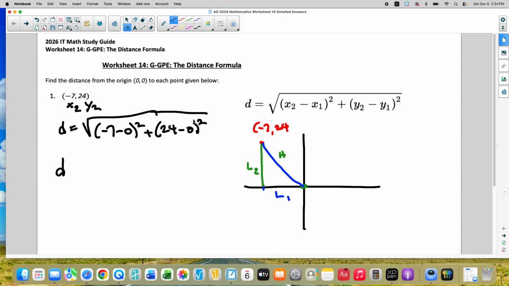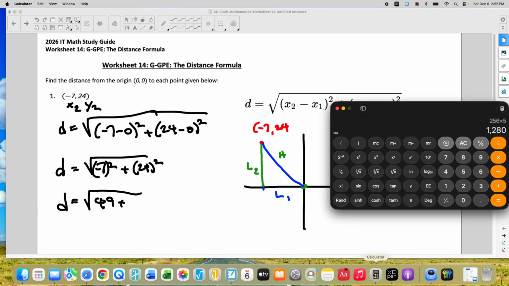So distance equals 7 squared, well, technically -7 squared plus 24 squared. -7 squared is 49.